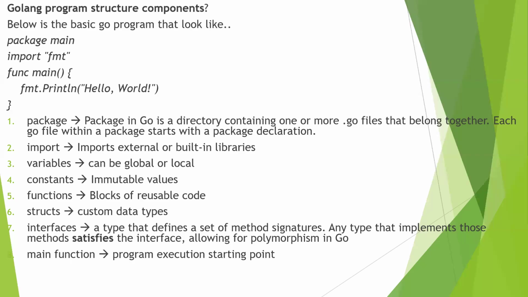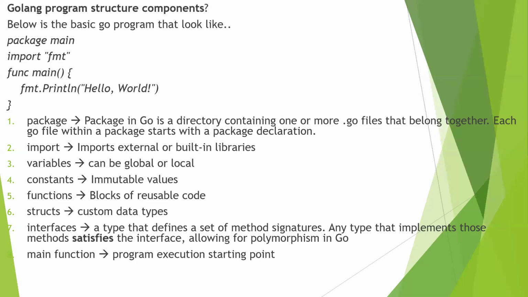Any type that implements these methods satisfies the interface. This interface allows polymorphism inside Golang. For now, this is what I can tell about interface, but when we discuss interfaces in depth, we will learn more.